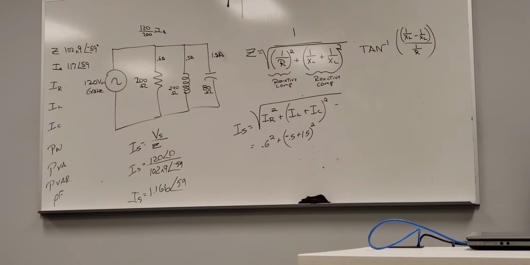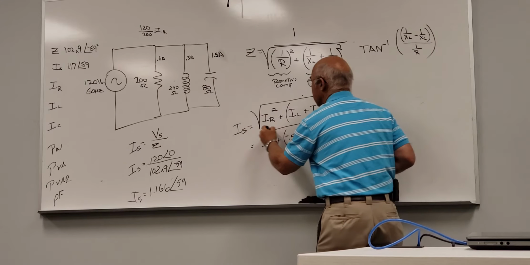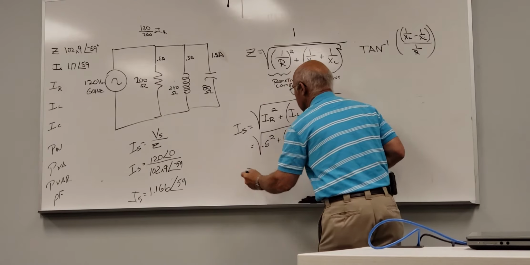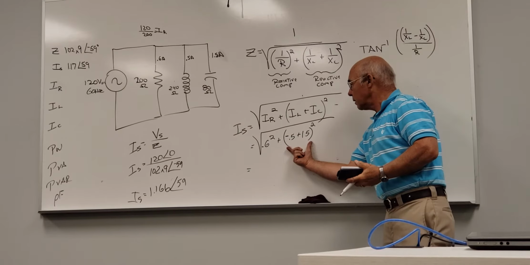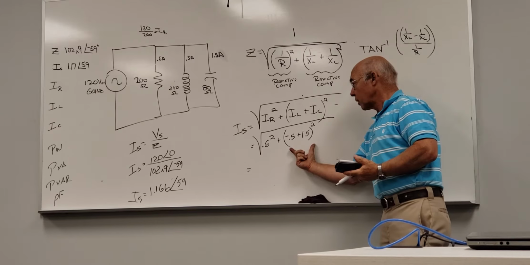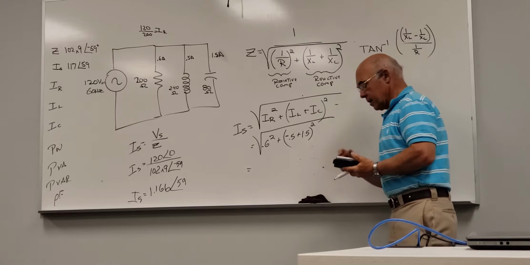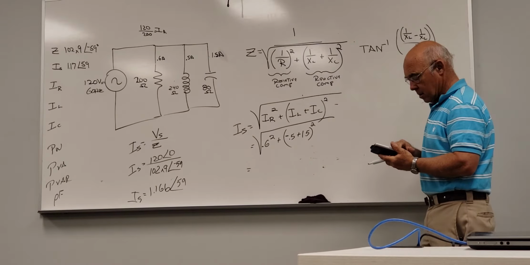Doesn't really matter, because you're gonna take the difference and square it anyway, it's gonna be positive when it's all said and done. And we're gonna take the square root of that. Negative 0.5 plus 1.5 is 1. You square 1, you still get 1.